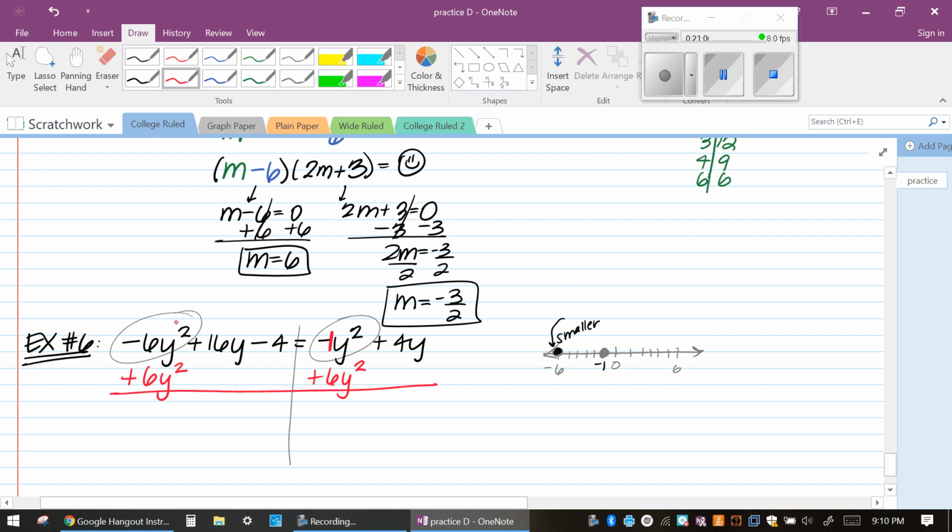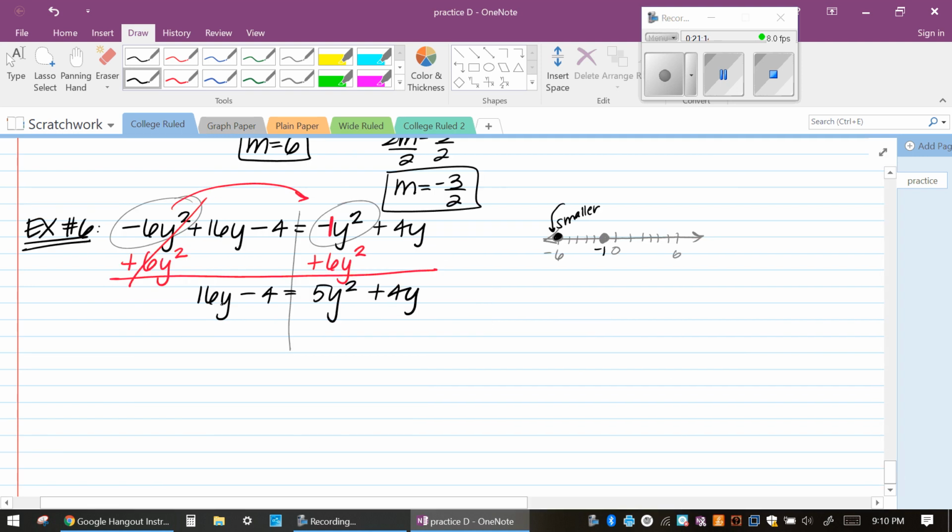Since we're moving the smaller one to the right, we need to move everything to the right. And when you move them, you're using your rules of canceling. So that 16y needs to be canceled with a negative 16y. And make sure you're combining terms correctly.